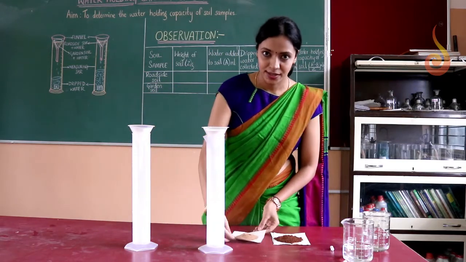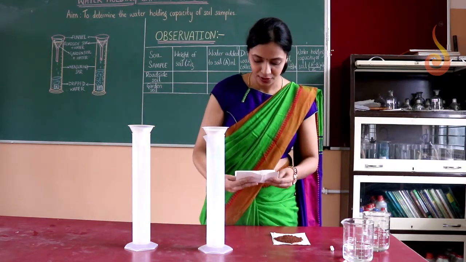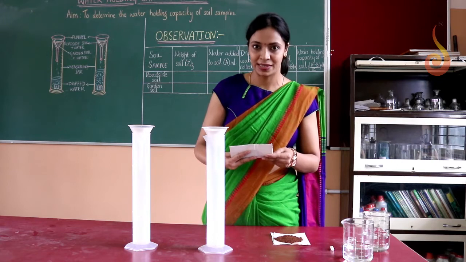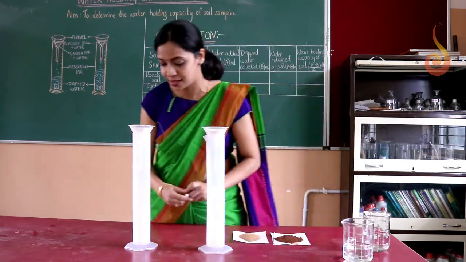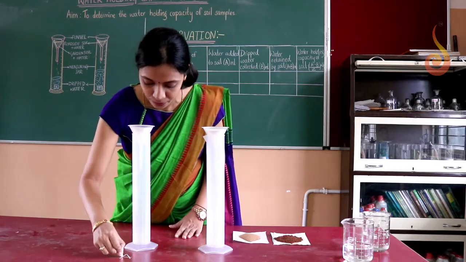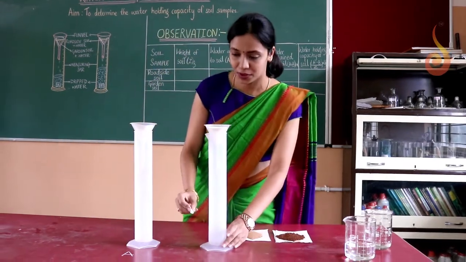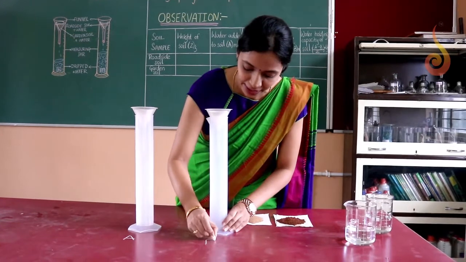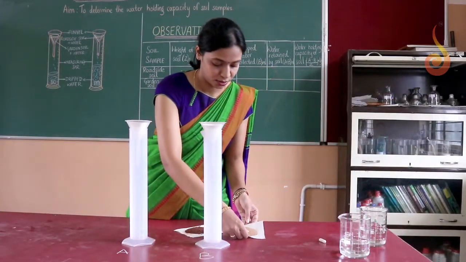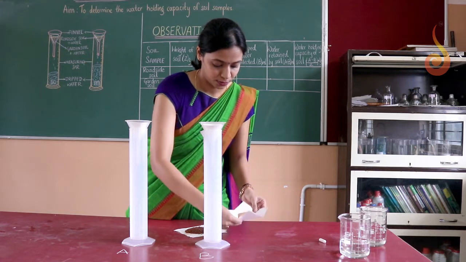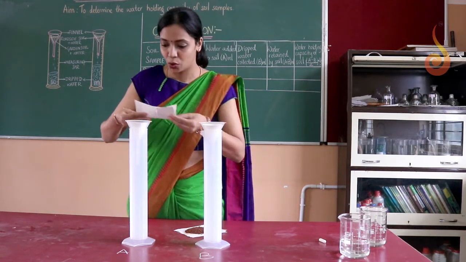After I have placed the cones into the funnels, I am going to add soil samples. The one on my right, let me designate it as sample A, and the one on my left will be designated as sample B. Sample A is going to be the roadside soil.